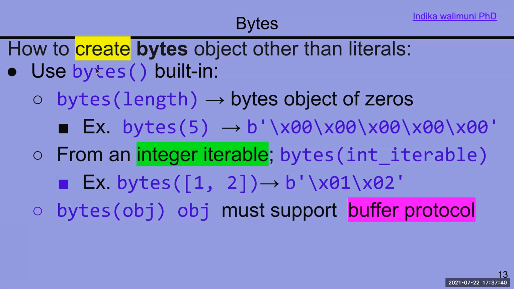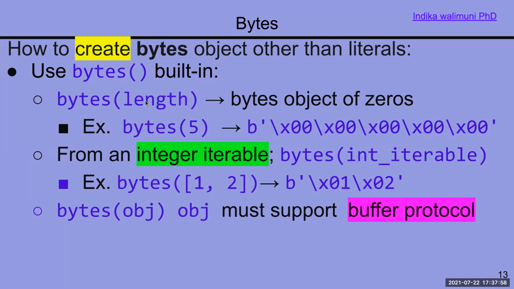We can use the bytes constructor, the bytes built-in function, and pass a number which is going to be the length. It returns a bytes object of zeros of this length.